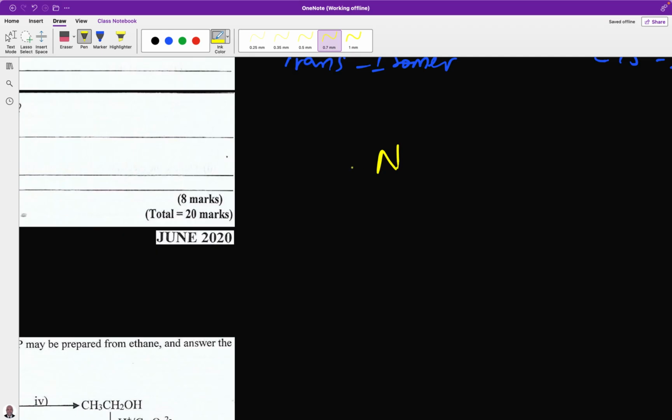That is, the ammonia molecule is like this. There is the ammonia molecule. Now if we substitute one hydrogen of this, we will have N. Let me say we substitute one here.